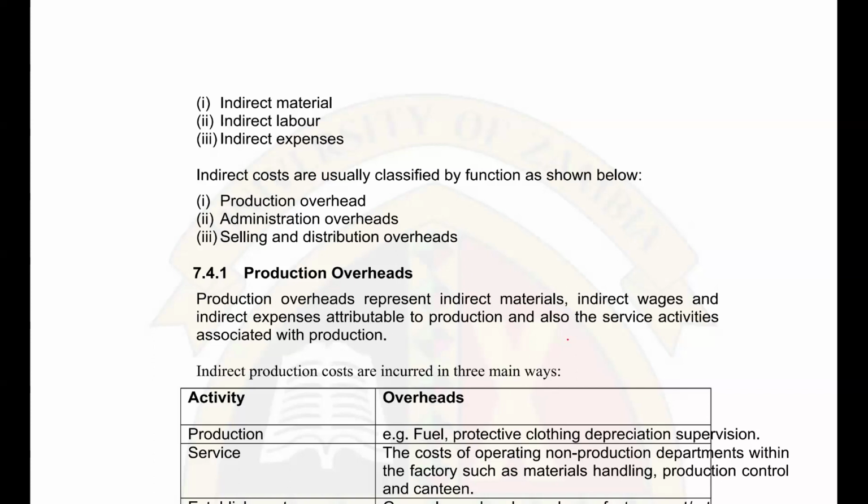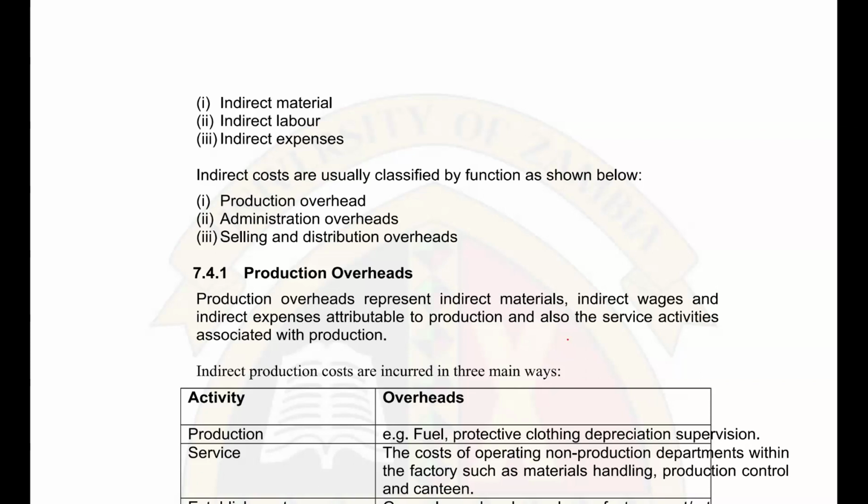Remember, when you produce your product, you need to sell it to people. During distribution or selling, you incur some indirect costs. Those could be labor, material, or expenses, as long as they are not directly attributed; they fall under selling and distribution overheads.